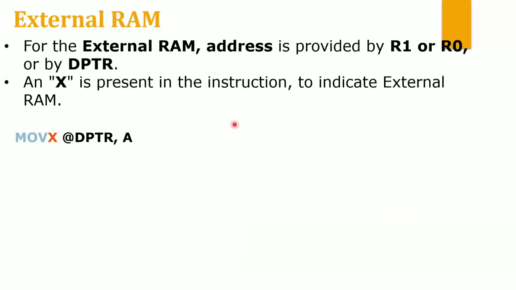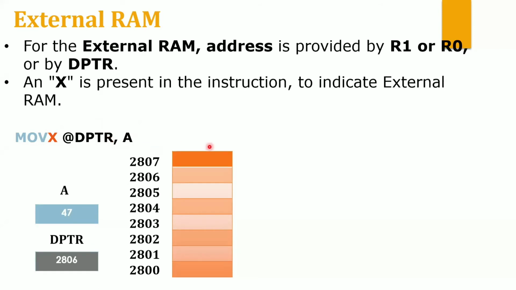MOVX @DPTR, A. Whenever you write X here, that means I am accessing only the external RAM, external memory, right? Now, what is the meaning? The value present in the A register will be copied to the memory location pointed out by the DPTR. Take this example: there is a value 47 present in the A register.